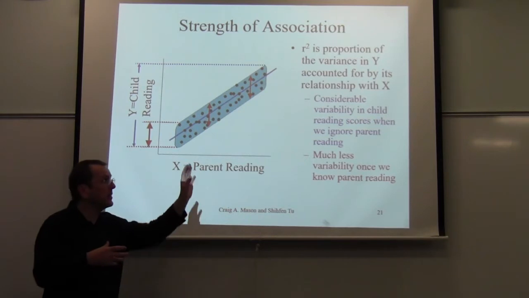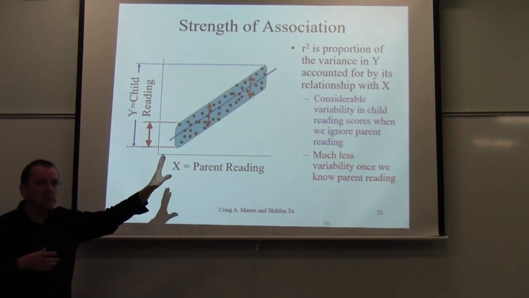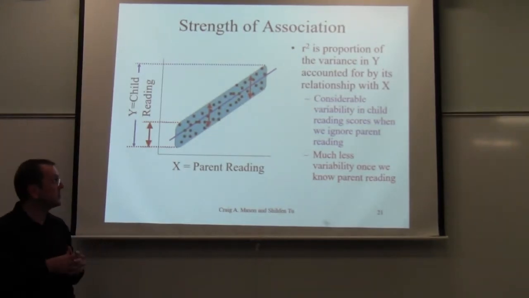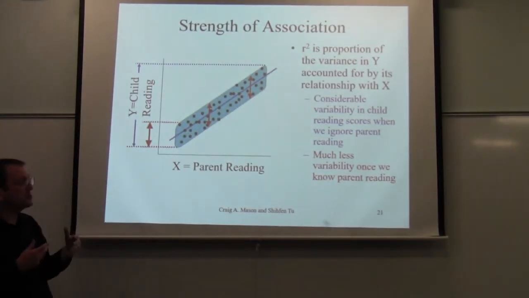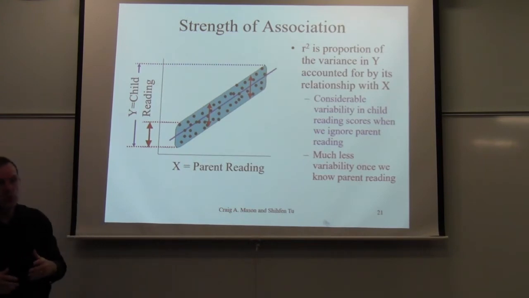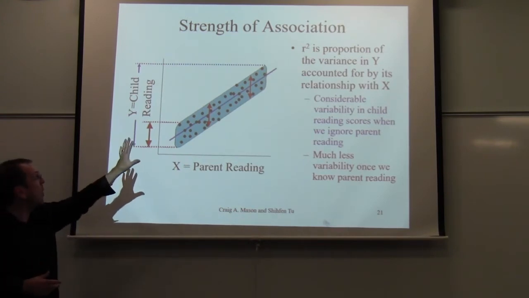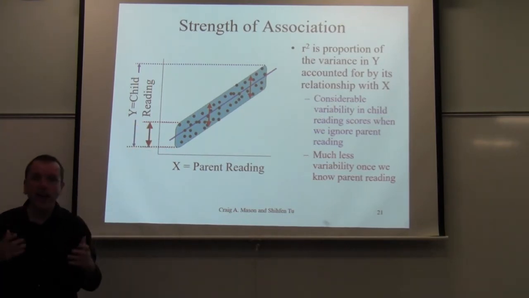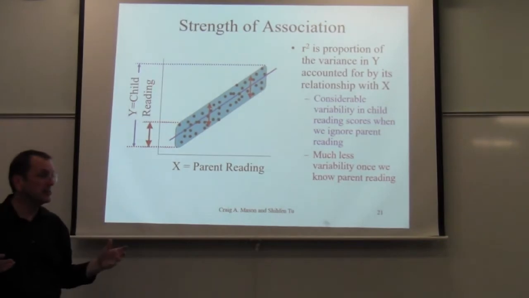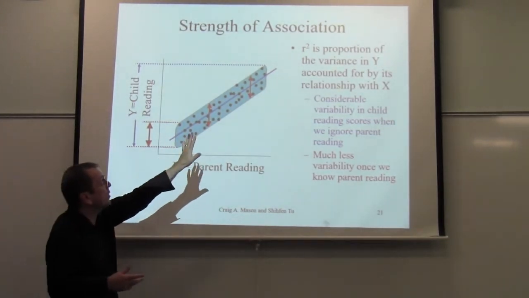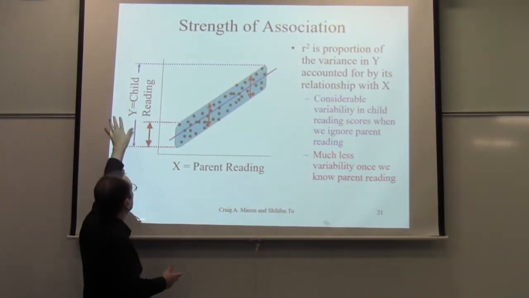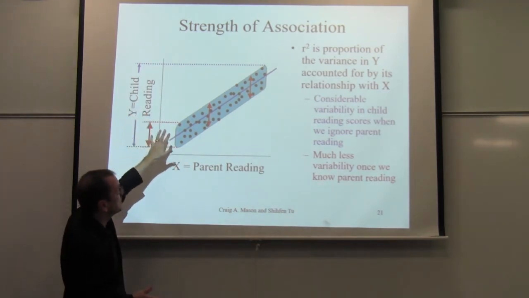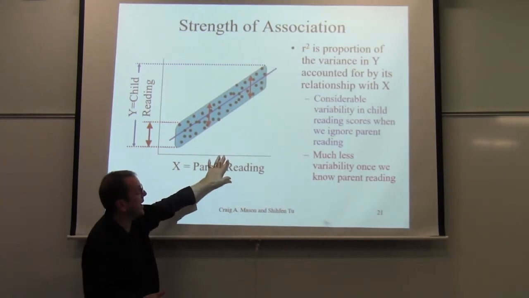What the R squared represents, which we'll use all semester long, is the proportion of the variance in Y, in our outcome, that's related to or accounted for by its relationship with X. If you square the correlation coefficient, it gives you an indicator of the proportion of the variance in Y that's related to or accounted for by X.